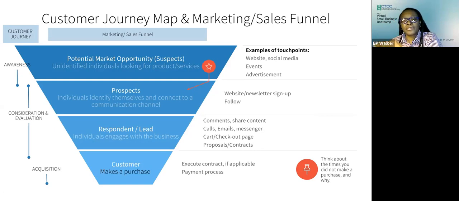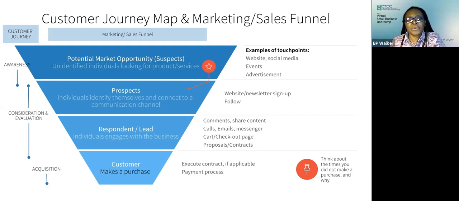It's the emails or messaging notes they might send you, and they might have a question about your products and services. It's even the checkout or cart page on your website, because when they leave that alone, they're saying, I'm not ready to buy for whatever reason.